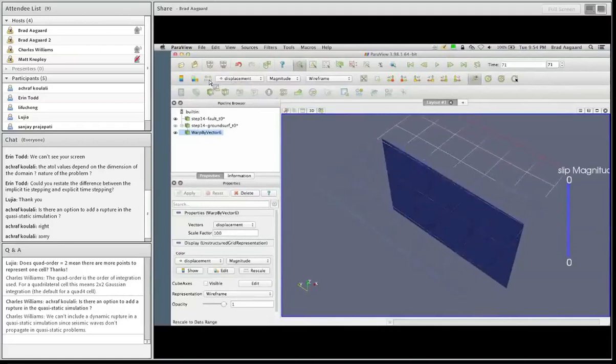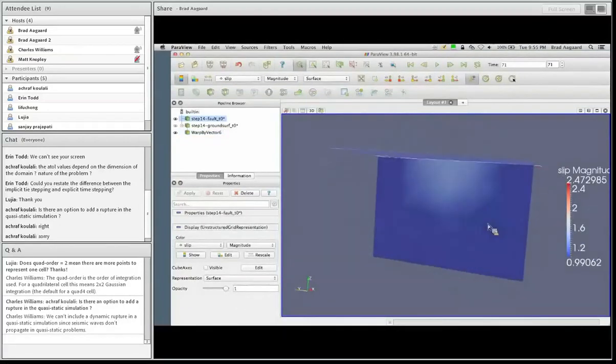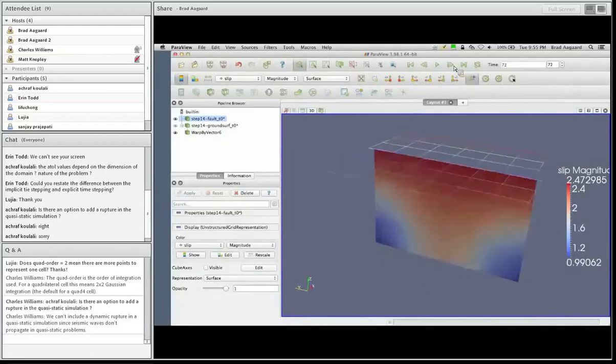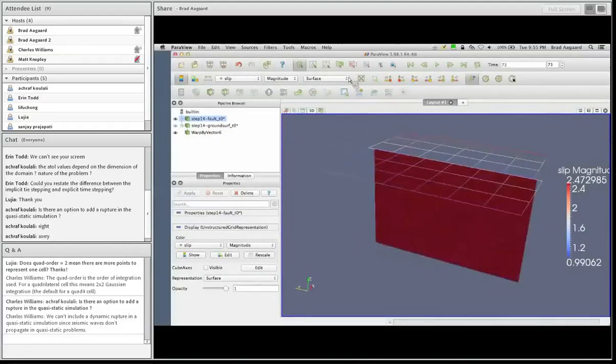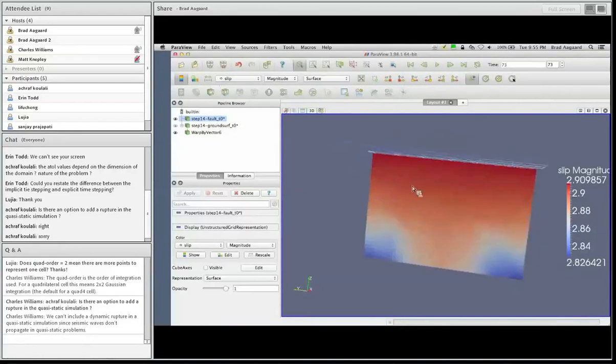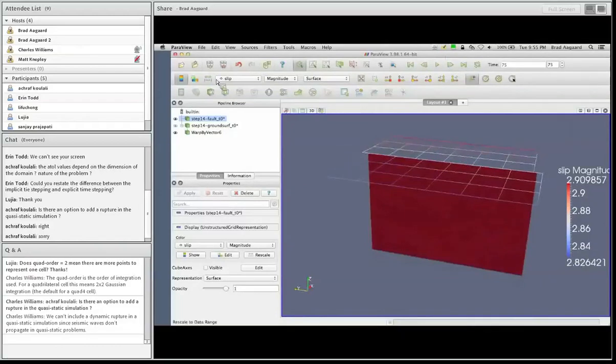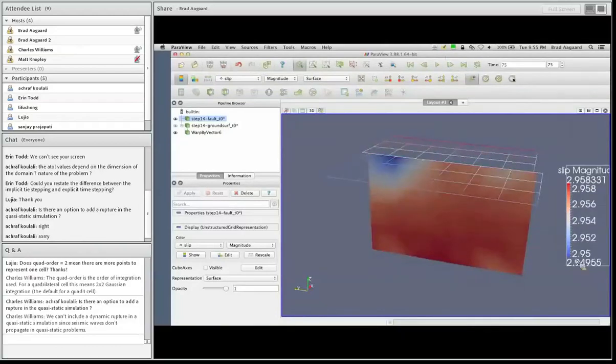So let's look at slip. So we're nucleating. It nucleates quite quickly, but it doesn't look too bad. We're getting nearly uniform slip.